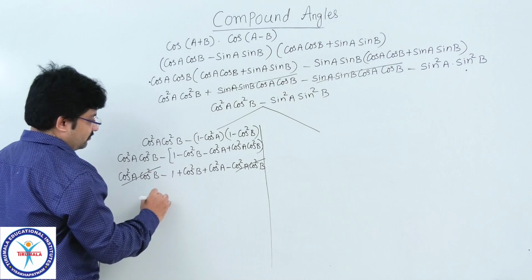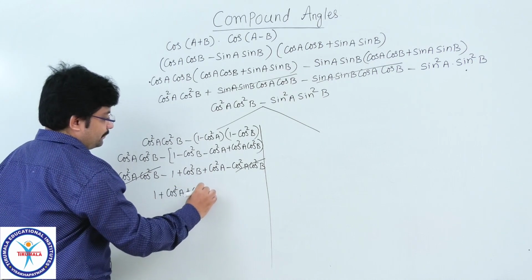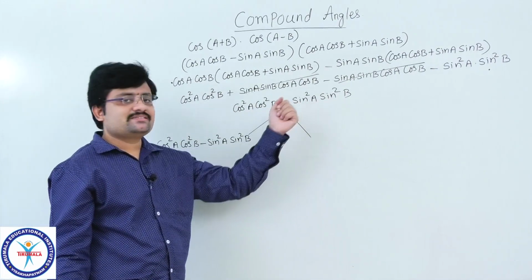That is 1 plus cos square A plus cos square B.